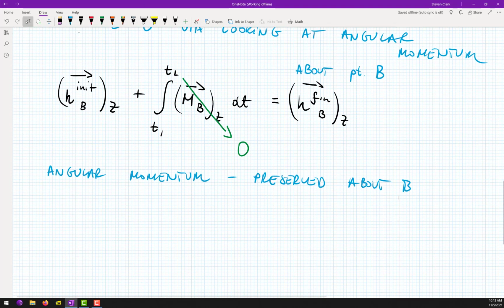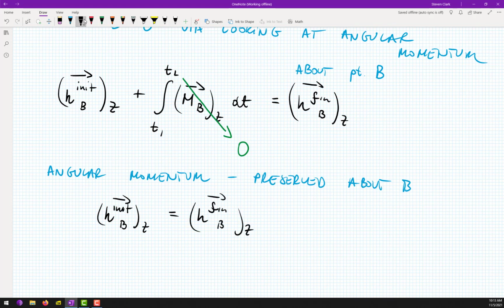So we can write H initial is equal to H final. Okay, so do you want to prove it or do you believe me? Yeah, let's prove it, okay? That this is preserved.